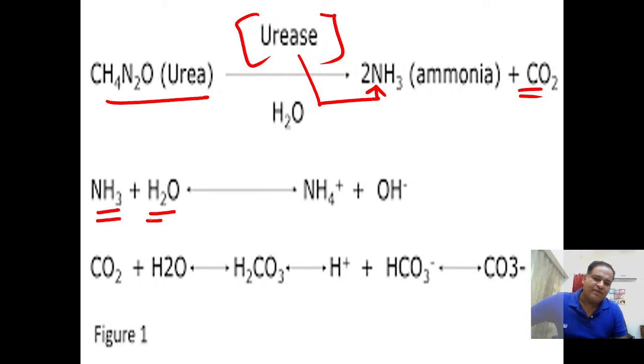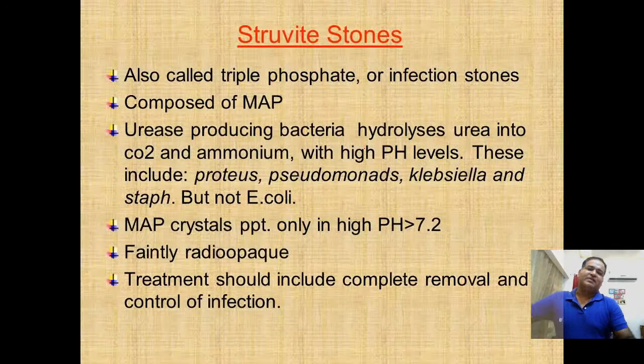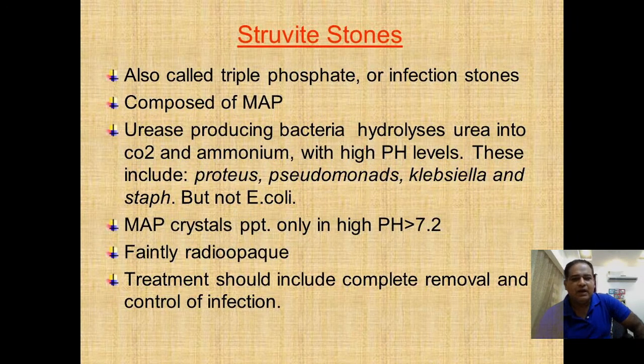So this ammonia will react with water to release ammonium ion. Carbon dioxide will react with water to release bicarbonate. So that means the urine will turn alkaline. But what is more problematic is that ammonium will be released.